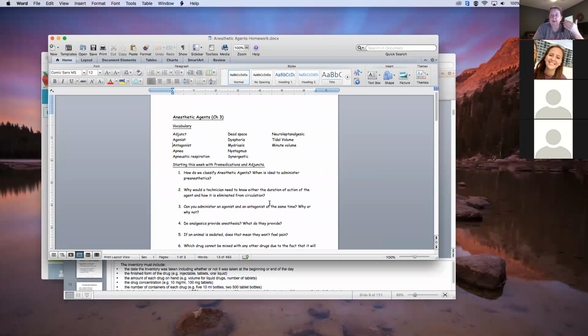How it's eliminated matters because if it goes through the liver or the kidneys and we're doing pre-workup and the animal has an issue with the liver or kidneys, then we don't want to choose that drug. So knowing how they're eliminated helps me choose which one is most appropriate for my patient. Also to potentially explain any side effects. If you are the person discharging Caleb's cat, like Caleb comes in to pick up his cat, and Caleb's cat's like rock to the world, we have to explain to Caleb, what should you watch for?